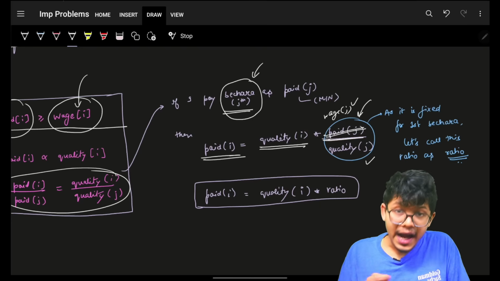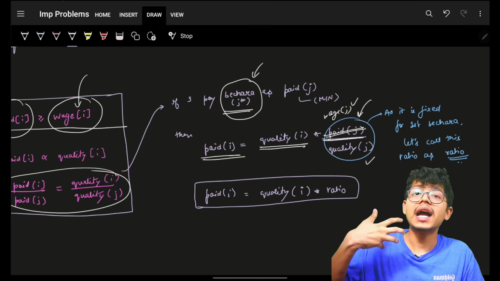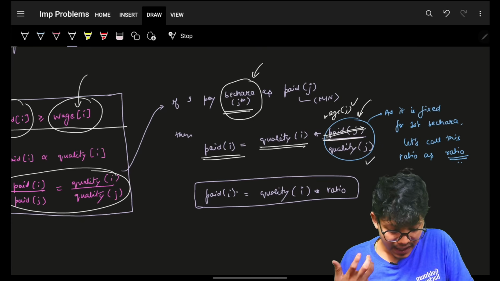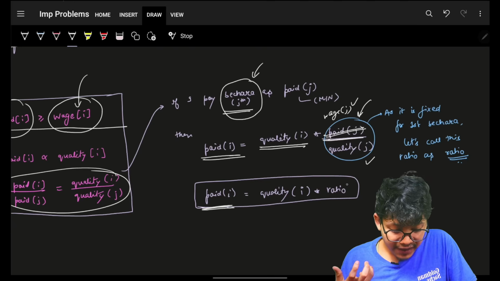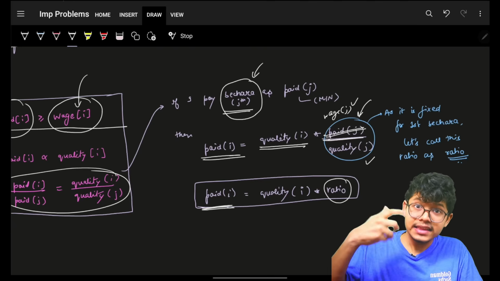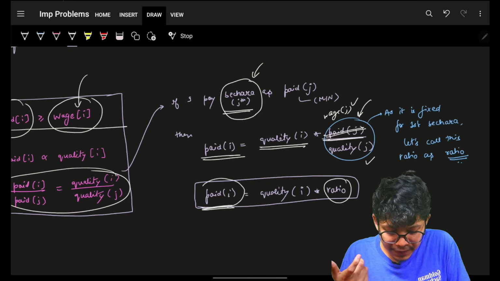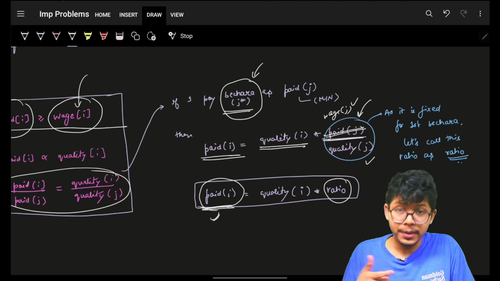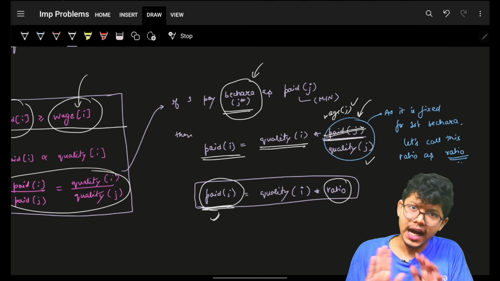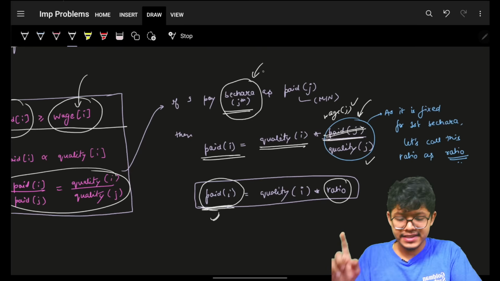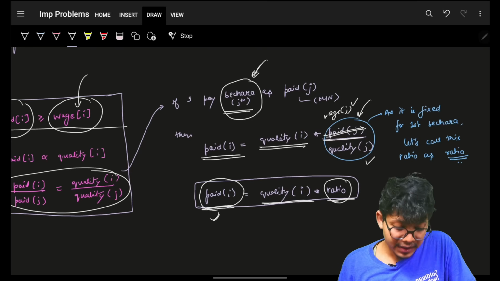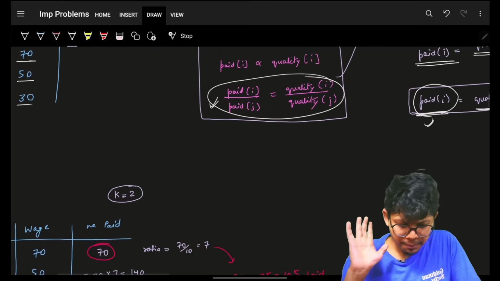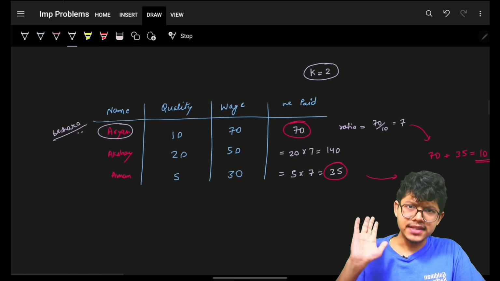Then I can easily find how much I have to pay my i. So if I fix my bechara, I will get this fixed ratio, and that's how I can find how much I have to pay others. Others are i, everyone else except j. I multiply the quality of i by the ratio and I get the pay of i. Let's see a simple example.